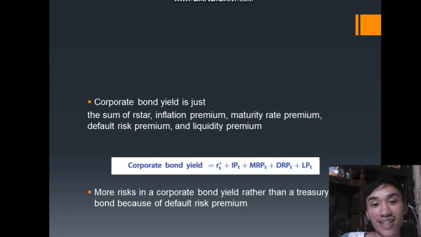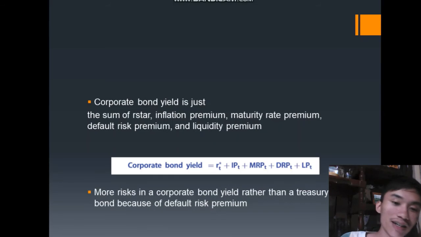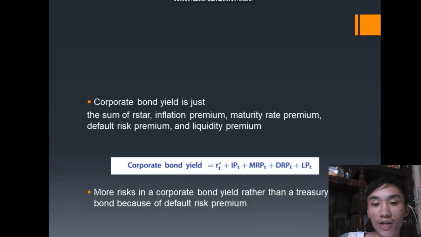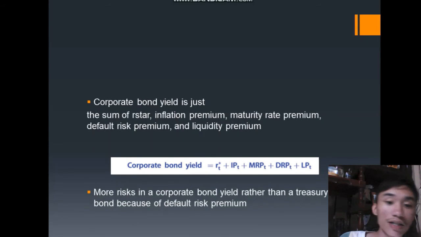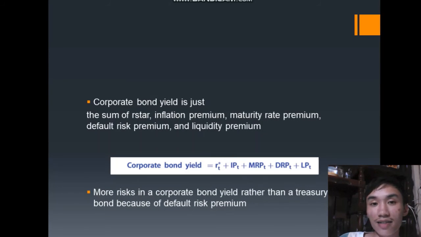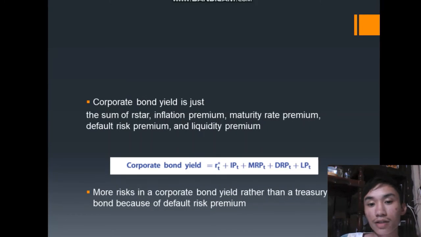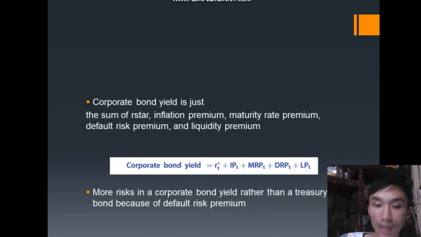So this type of risk can add to the slope of the curve in the corporate bond yield. And the liquidity premium, assets can be as liquid in a corporation because it's not secure. Assets can come and go, which makes this type of bond riskier.